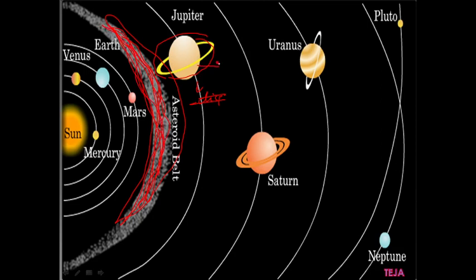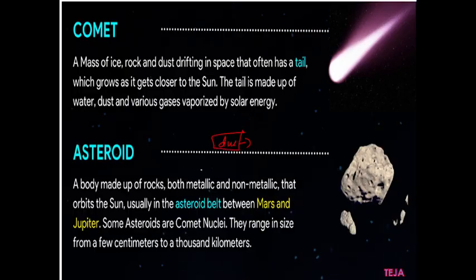Because Jupiter is a very giant planet, it is unable to form, and that is the reason there is an asteroid belt between Mars and Jupiter.